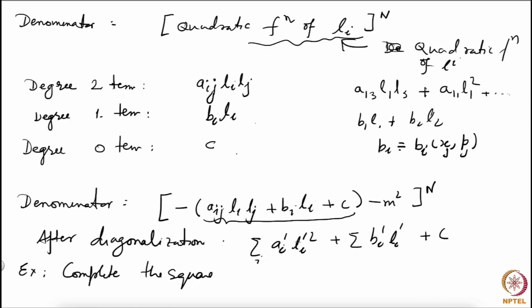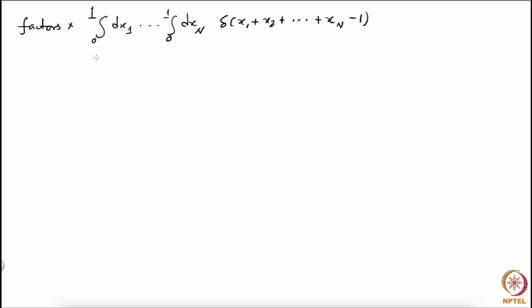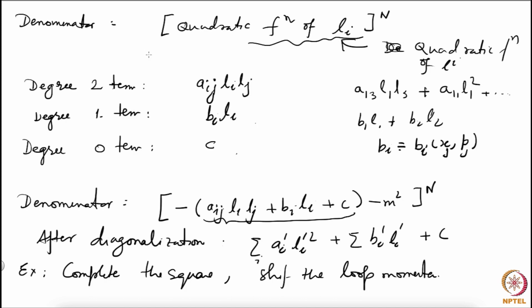After you have gotten rid of these coefficients by redefining, you shift the loop momenta, and it will give you the following. That's an exercise you should check. Apart from some other factors which I am not writing, you will get the following: integral from 0 to 1 dx_1, 0 to 1 dx_n, n number of propagators, delta of x_1 plus x_2 plus ... x_n minus 1, times the integral d^D L_1 ... I hope I'm not changing the notation.